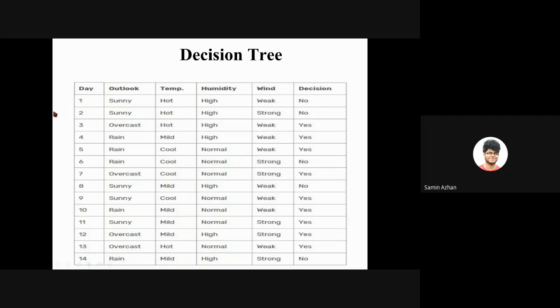The nos are in rows 1, 2, 6, 8, and 14. Since there are 14 rows and 5 nos, 14 minus 5 is 9, so we have 9 yeses.